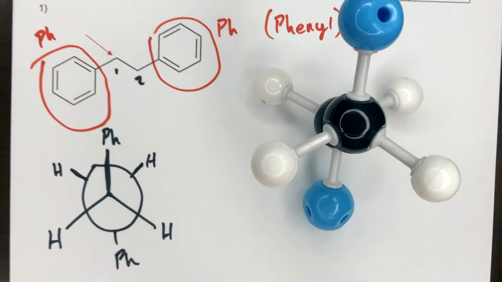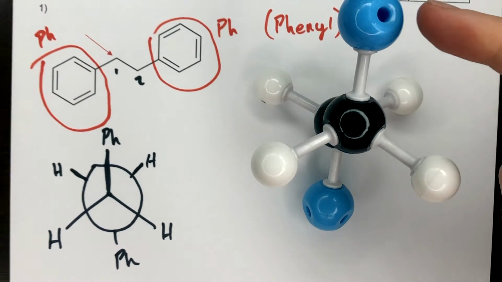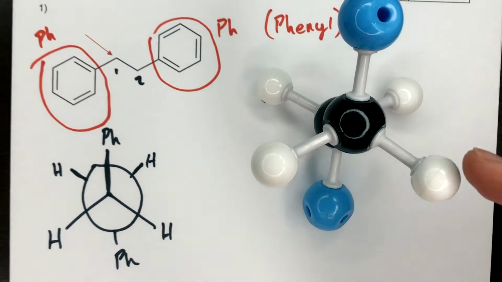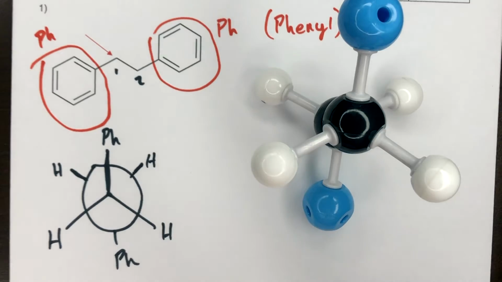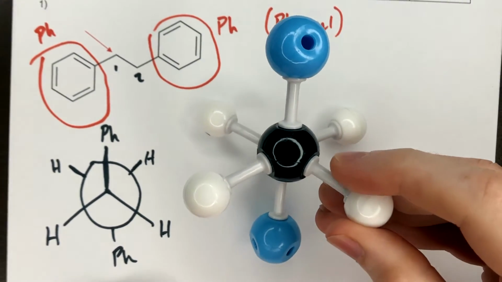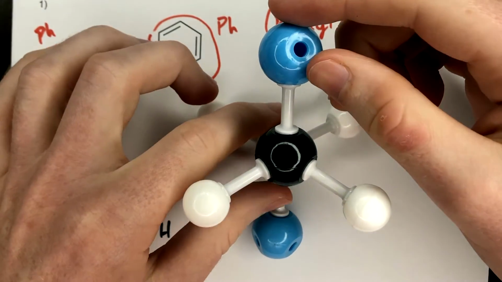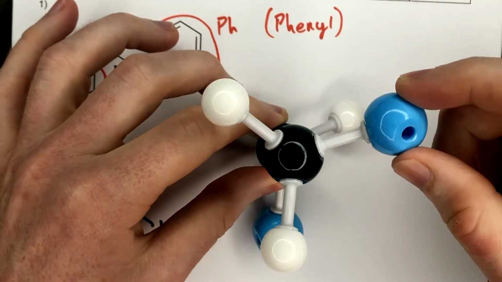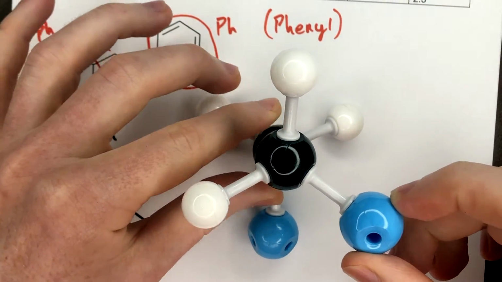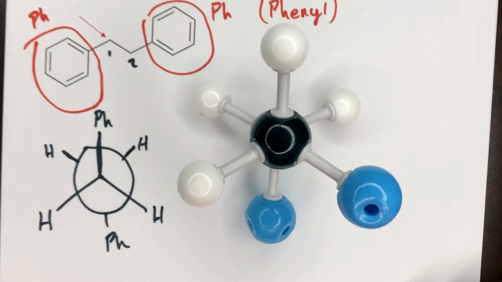Then we can rotate about the carbon-carbon bond 120 degrees. Basically, this would interconvert a phenyl and a hydrogen while we're doing this rotation. I'll rotate the front because I think it's the clearest. If you rotate the front 120, that puts these phenyls now gauche to each other.